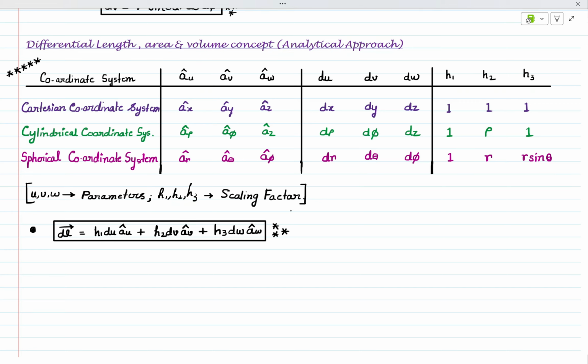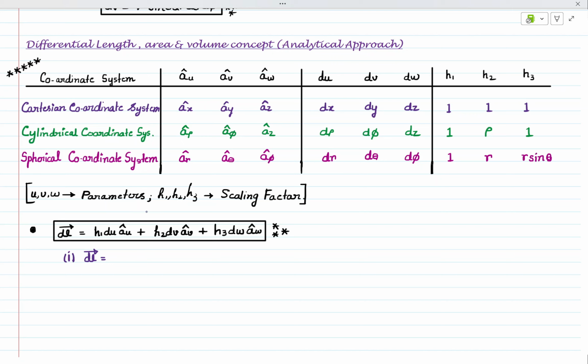Now let me write this differential length for the Cartesian coordinate system. I think it will be easy for you. dl will be what?